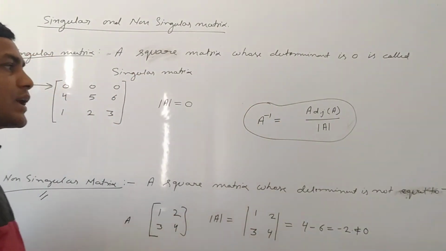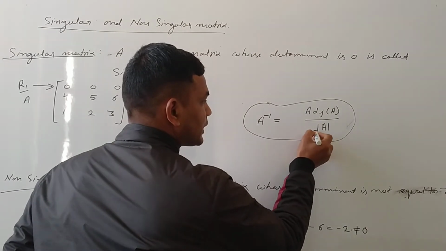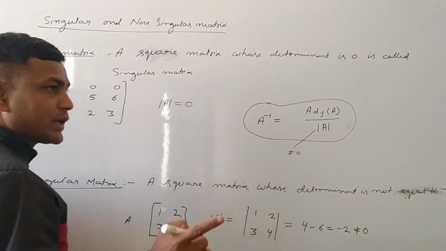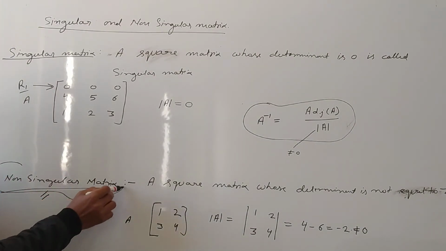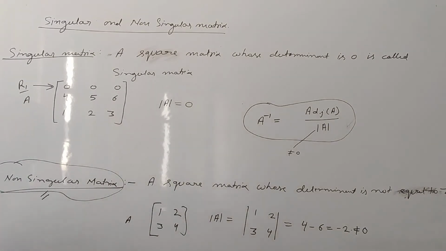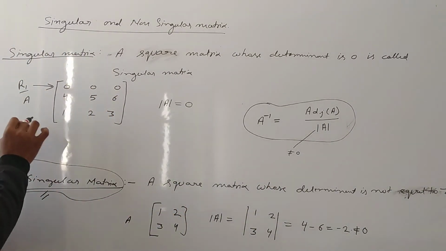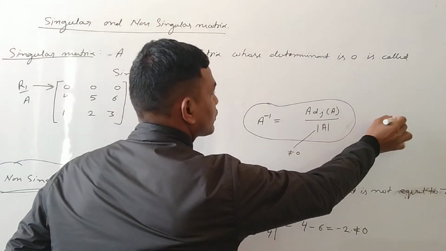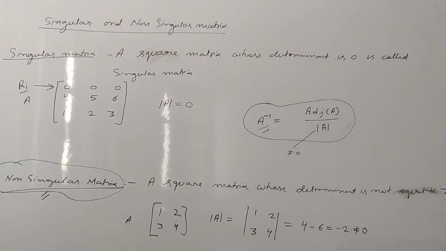If we want to find the inverse of a matrix, then the denominator is always not equal to 0. It means we can calculate the inverse of a non-singular matrix. Otherwise, you can't calculate the inverse of the matrix, because if we have 0 in the denominator, then the value is infinite, and we can't calculate the inverse of a matrix.